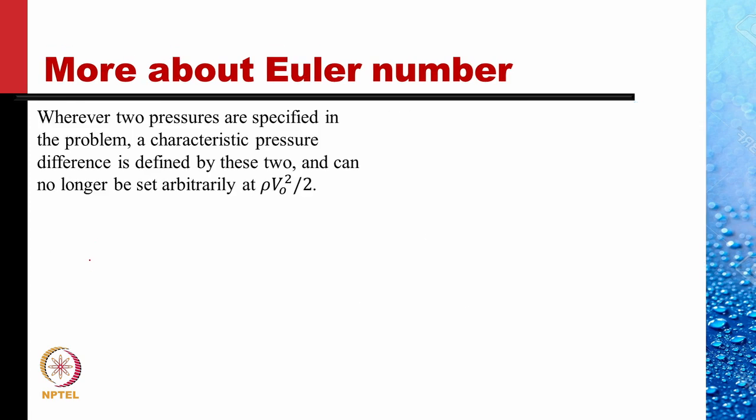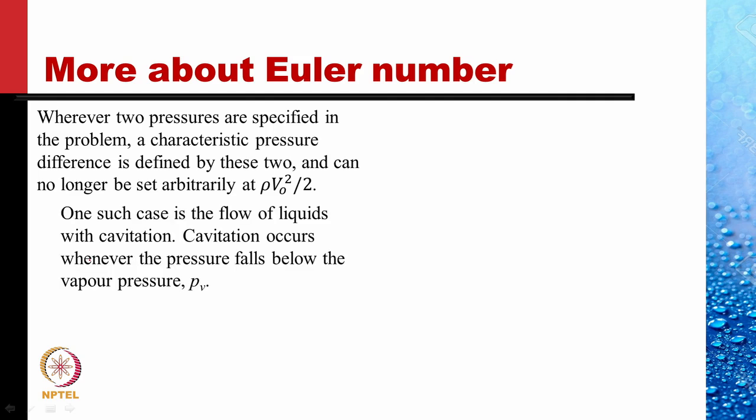Wherever two pressures are specified in the problem, a characteristic pressure difference is defined by these two, and we can no longer set this to be rho V0 squared by 2. The two given pressures in a problem would define the characteristic pressure difference.